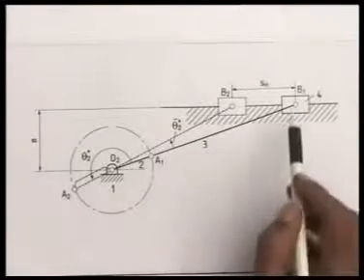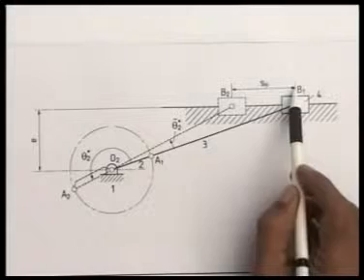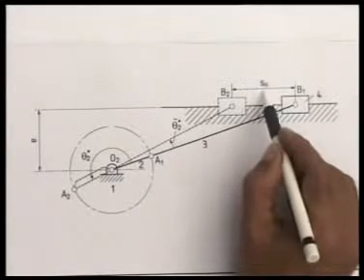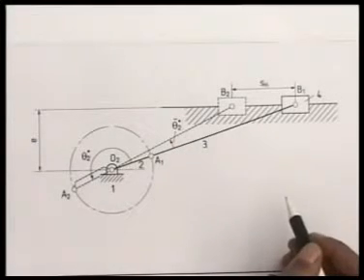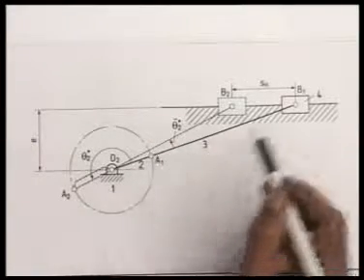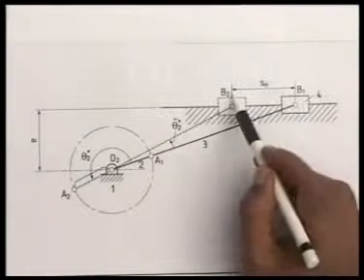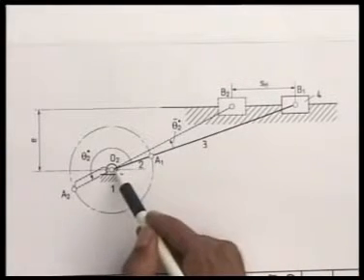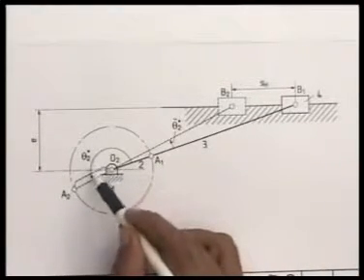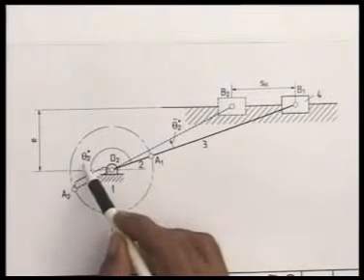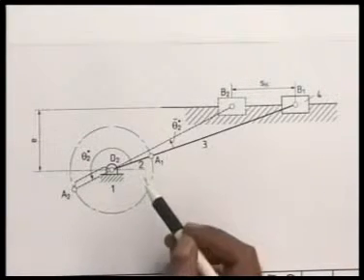So, as the slider moves from B1 to B2, the stroke length is given by SH. So, SH is specified, and the rotation of the crank as it moves from outer to inner dead center, that is the rotation from O2A1 to O2A2, given by this angle theta 2 star.